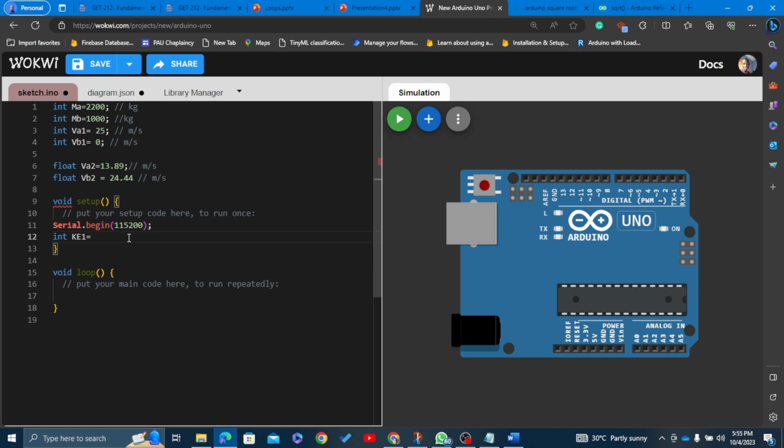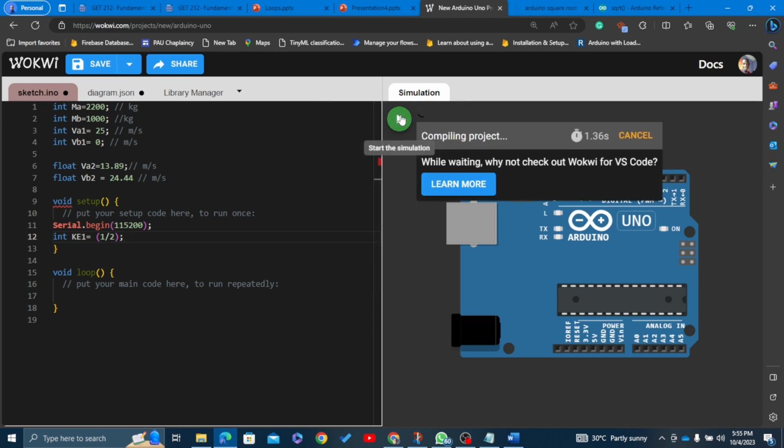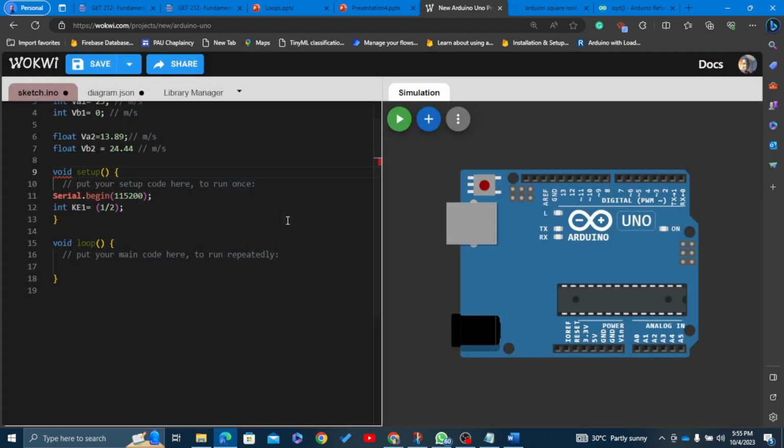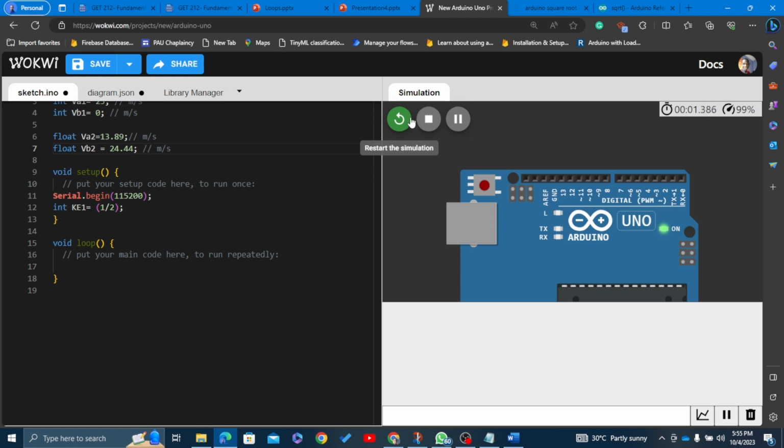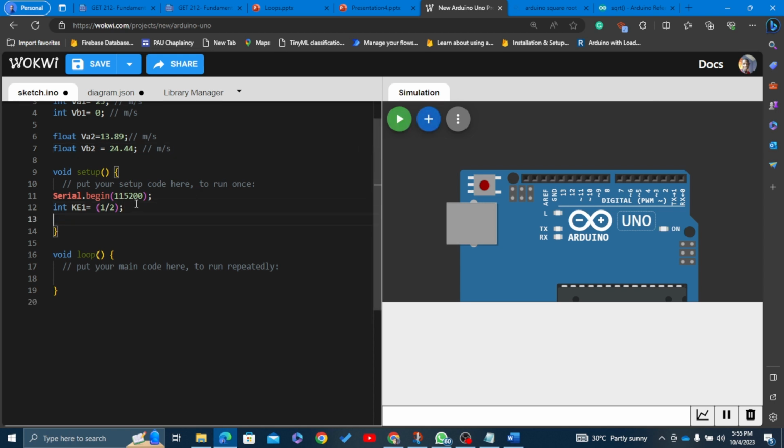So let's do that. But I noticed something: when I do 1/2 like this, I get 0. Oh, sorry, I forgot to put a semicolon here. Oh, I didn't print it out.